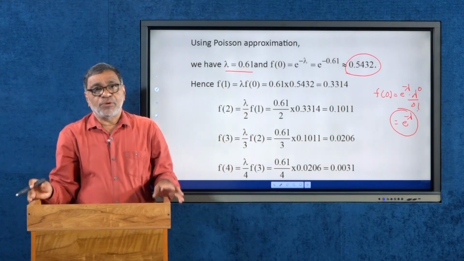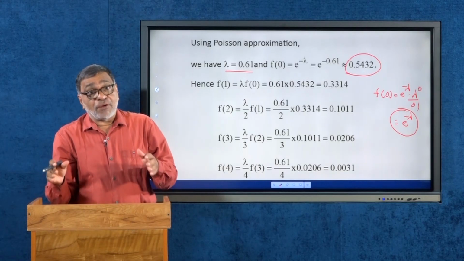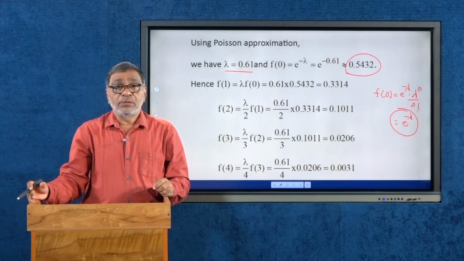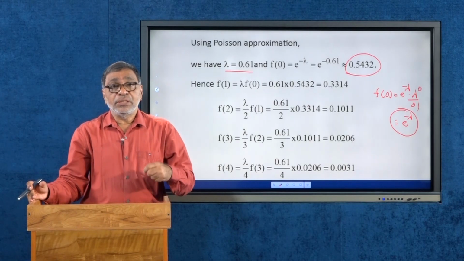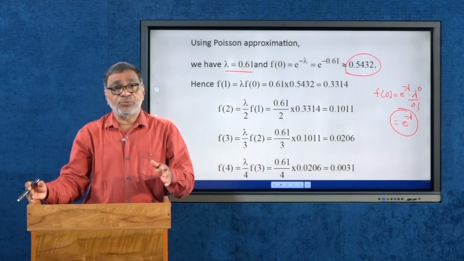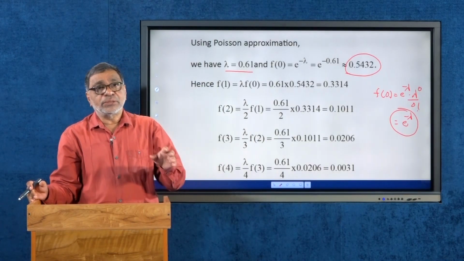So, this is our f of 0, and after getting f of 0 using the recurrence relation, it is easy to find the other probability values f1, f2, f3, f4. And what is f1?